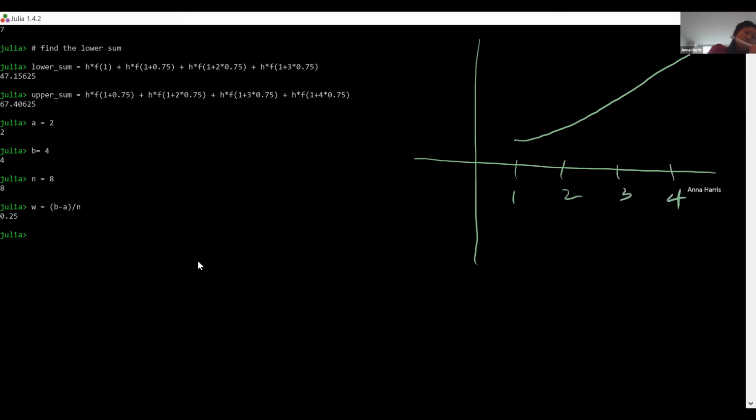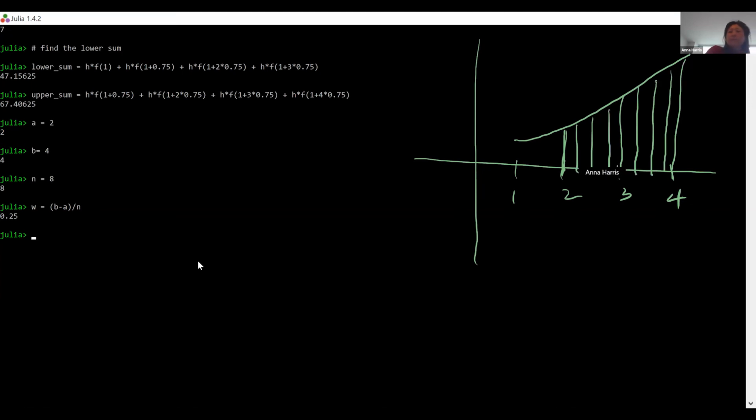So I'm looking from 2 to 4, but this time I'm going to make 8 rectangles. All right, and I don't feel like to keep doing this differently. So the best thing is this.